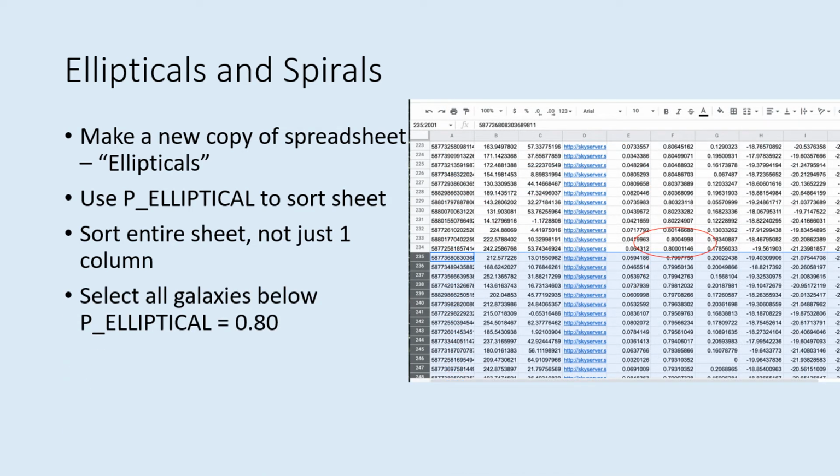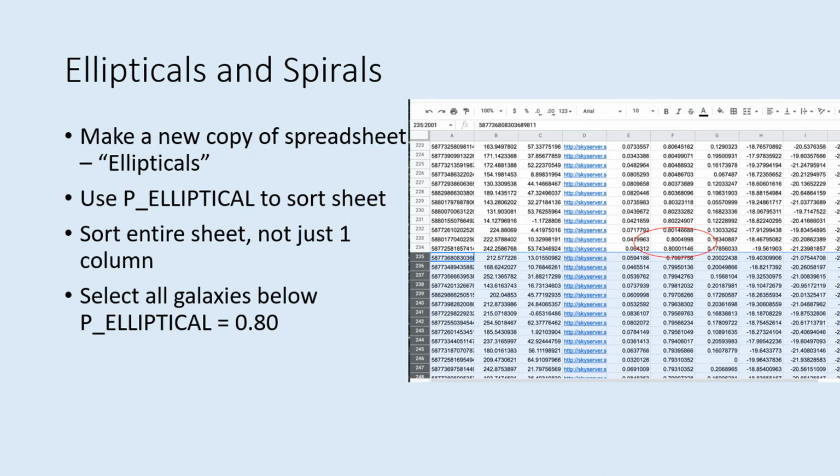That means there is an 80% chance that these galaxies are ellipticals. Select all of the lines below this 80% mark so that you've selected every galaxy with a less than 80% chance of being elliptical. Make sure you select all of the columns, not just the p-elliptical one.